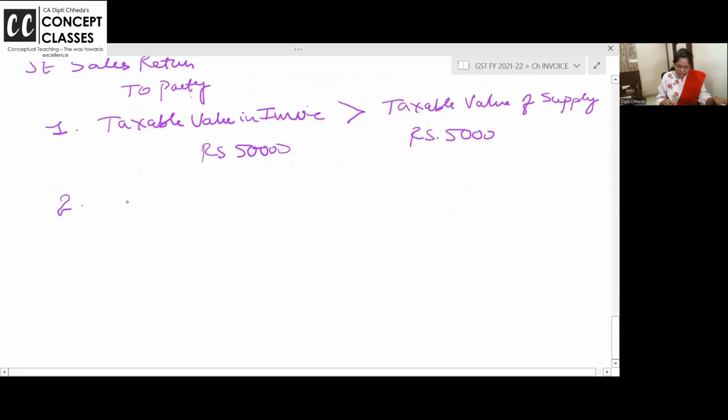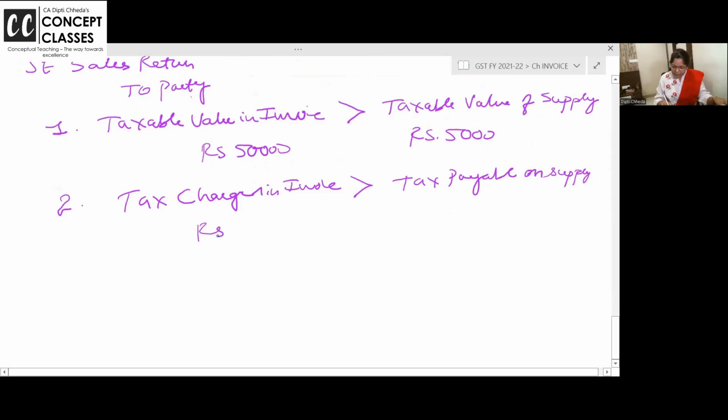When tax charged is more, tax charged in invoice is greater than tax payable on supply.